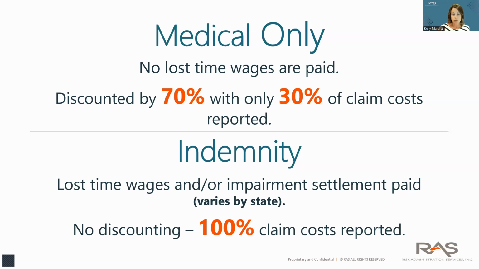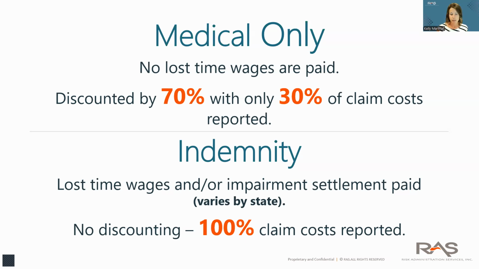So you're able to find work for them to do, keep them at work after they've had an injury, and we're still paying costs on any medical bills, any treatments, procedures, things of that nature, but they don't have any of those lost time wages that are owed to the employee. When NCCI receives that information, medical only claims are given a discount of 70%. So of that total claim cost, only 30% of those are actually reported to NCCI as something that will then impact your future EMOD.